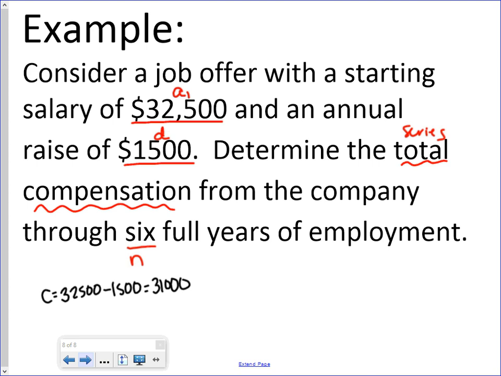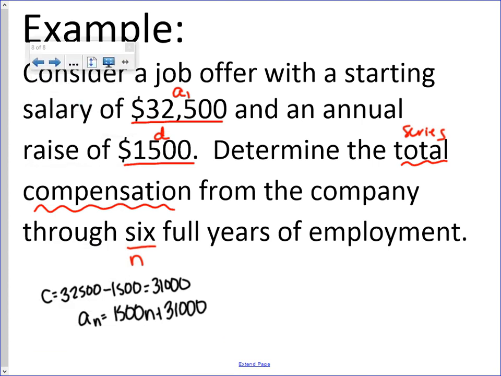And then my rule would be a sub n equals d, which is 1,500, times n plus 31,000. And then I could find my salary after 6 years. Some of you are probably thinking, I didn't need to write the rule there, I could have figured my 6-year salary. Also cool, you could do it that way. So I find out that my 6-year salary is $40,000.